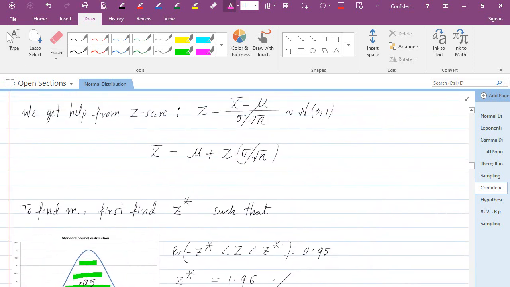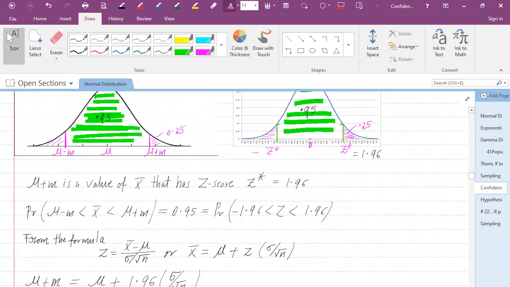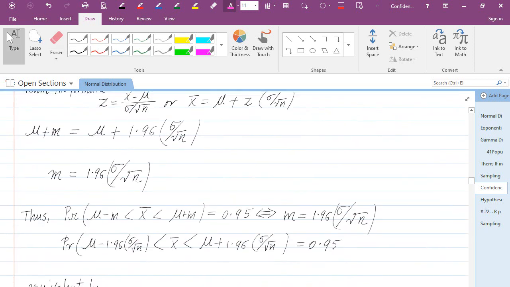So again, we found m so that the probability that x bar is m units from the population mean is 95%. And this m is called the 95% margin of error. So again, what is the meaning of that?